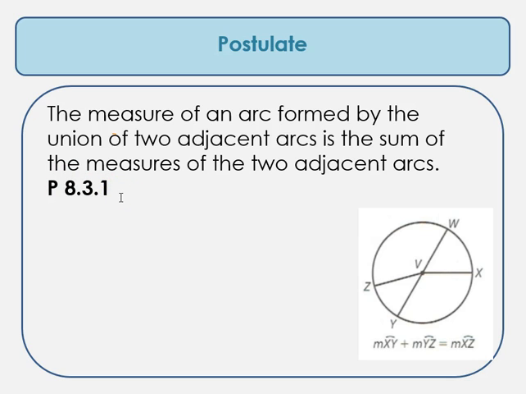We've had angle addition postulates, segment addition postulates, and so forth. So the measure of XY plus the measure of YZ, both of those arcs, equals the measure of arc XZ. So once again, the measure of arc XY plus YZ equals the total arc XZ.